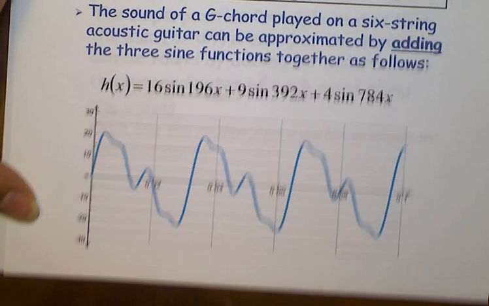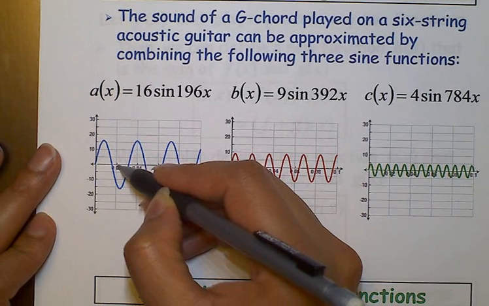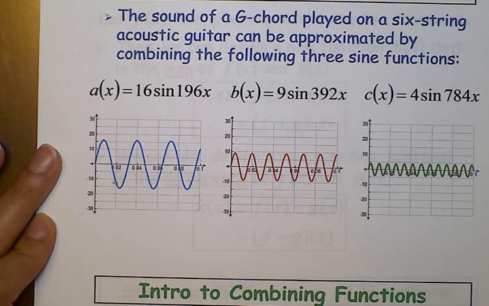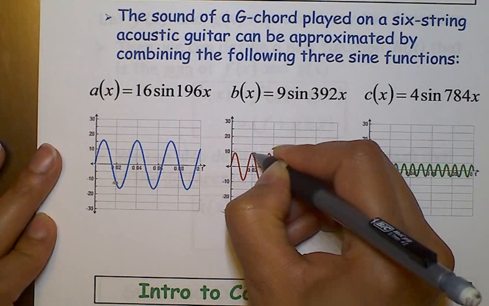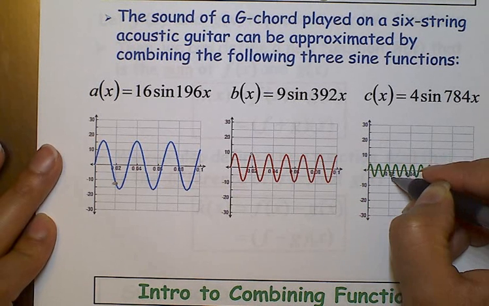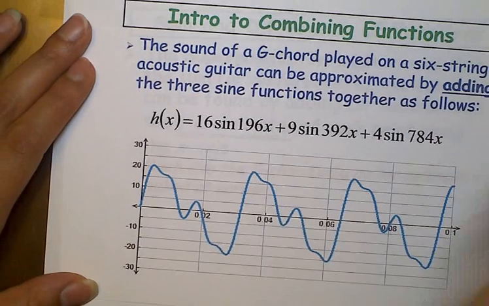So for example, if I look at the y value at x equal to 0.2, I have a y value of about negative 12.5, a y value of about 9, and a y value of about negative 2, let's say.